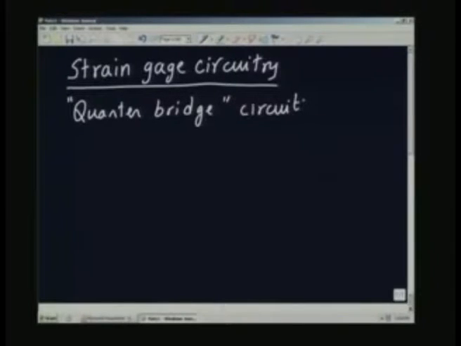So, essentially the quarter bridge circuit consists of the following. We have 4 resistances arranged in the form of a bridge, which is very familiar to all of you.